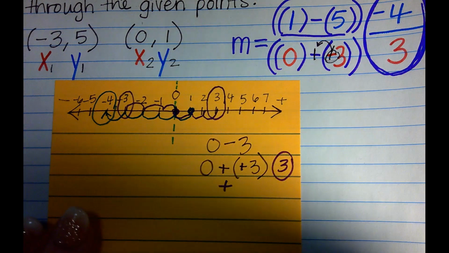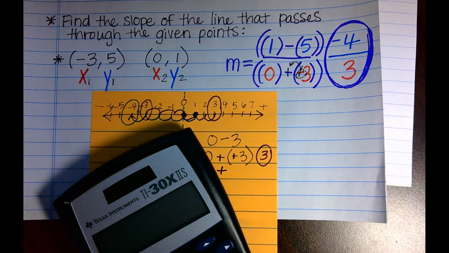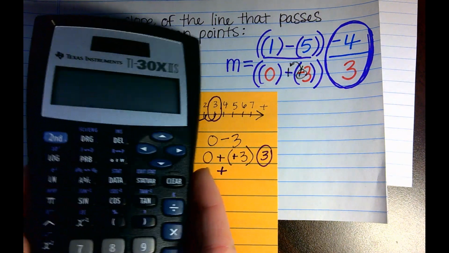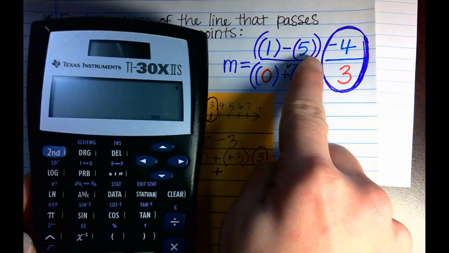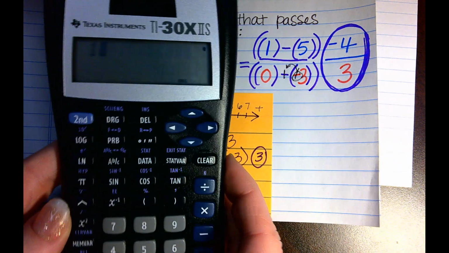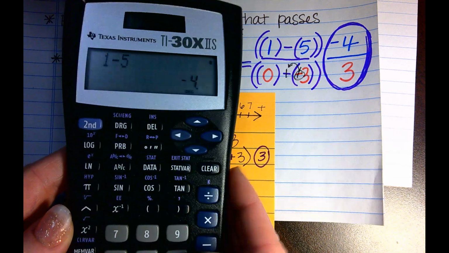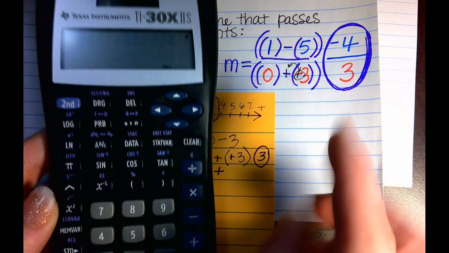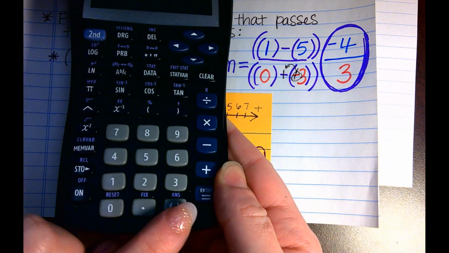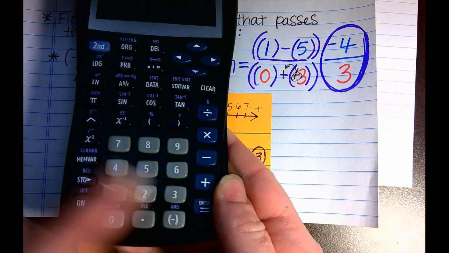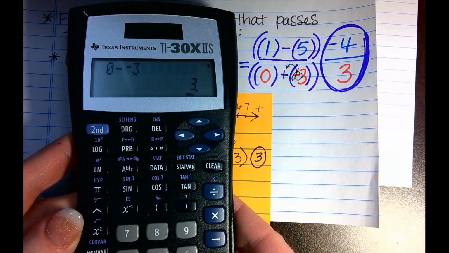Now, when in doubt, you can always type this in your calculator. I will always allow calculators. If I were to do 1 minus 5, I get negative 4. If I do 0 minus negative 3, I get positive 3.